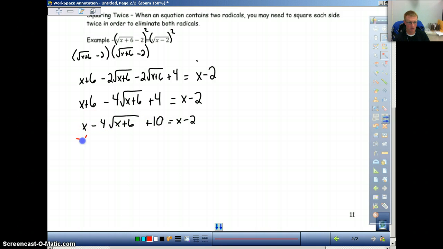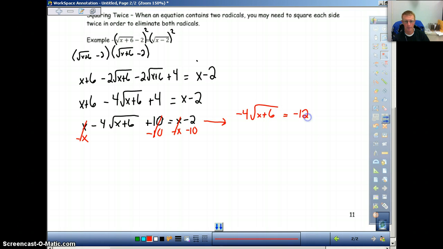And I'm going to minus 10. Minus x minus 10. So my x's cancel out, and my x's cancel out here too actually. My 10's cancel out, and we have negative 2 minus 10 is negative 12. So moving on to the right here, we have negative 4 root x plus 6 equals negative 12.